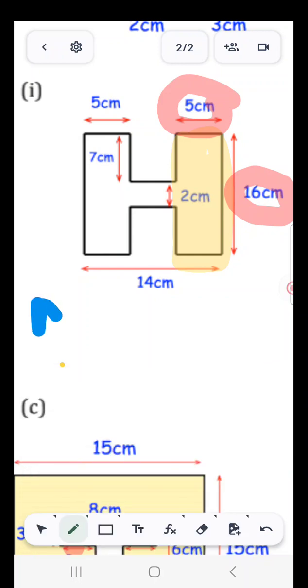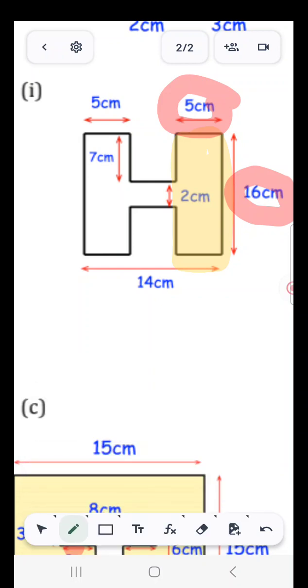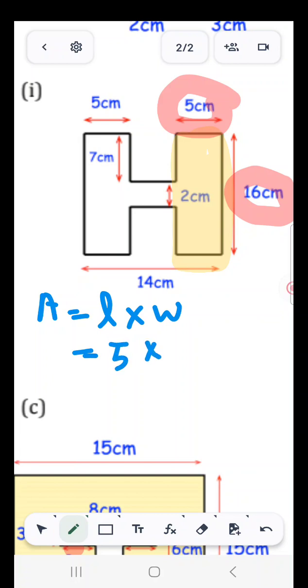So, area equals length times width. You can consider either as length and width, but make sure you are working with a rectangle, and you can multiply them in any sequence. 5 times 16 is 80.